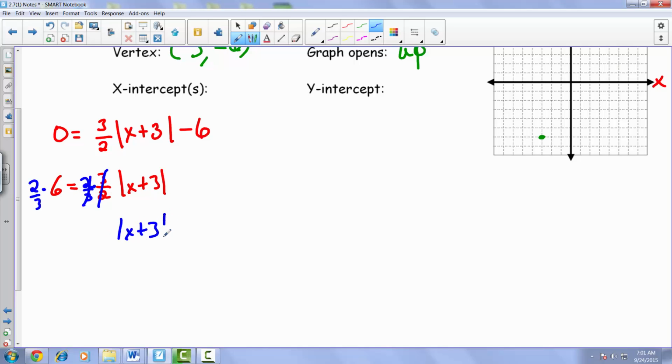On the left, we have 2 times 6 is 12, divided by 3 gives us 4. Another way you could do it is that shortcut where 3 goes into 6 twice. 2 times 2 is 4.